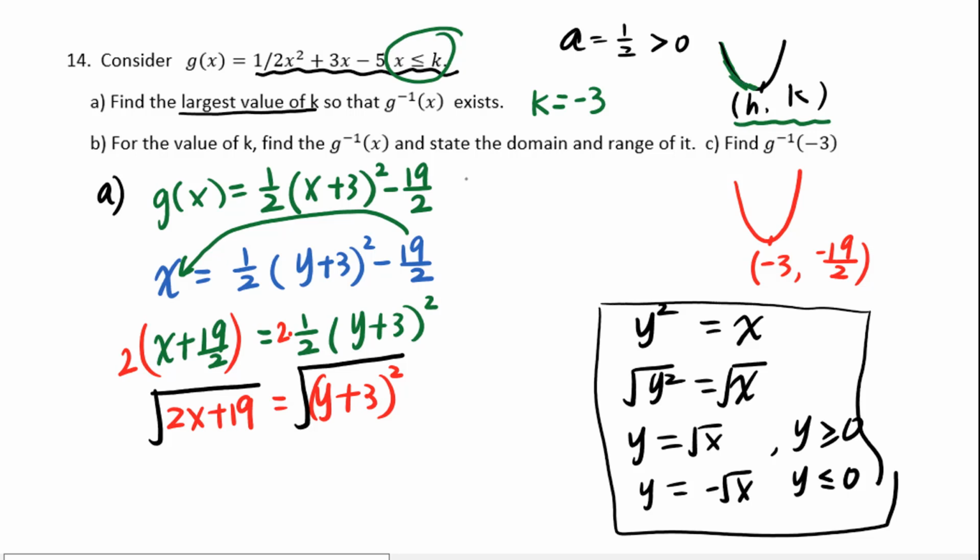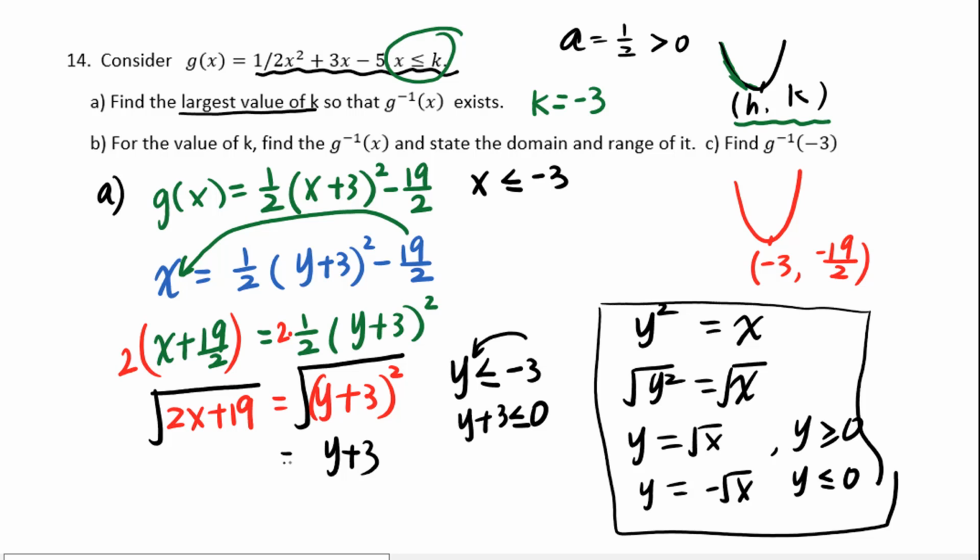For g of x, the domain is x less than or equal to negative 3. Since we switch x and y for the inverse function, y is less than or equal to negative 3. Cross the river, change sign: y plus 3 is less than or equal to 0. Therefore, y plus 3 equals negative square root of 2x plus 19.